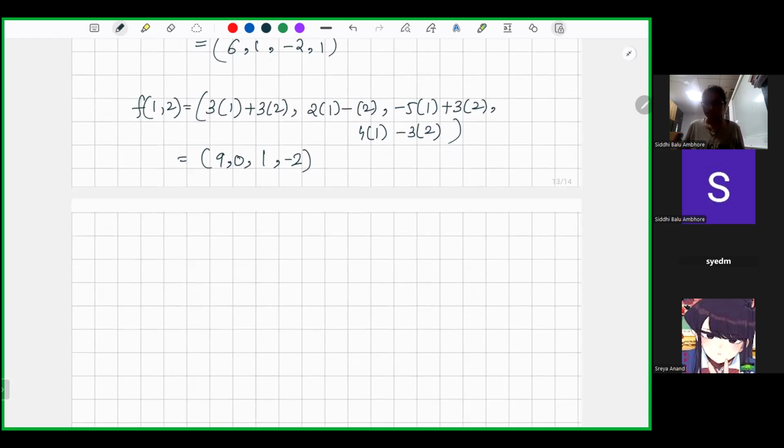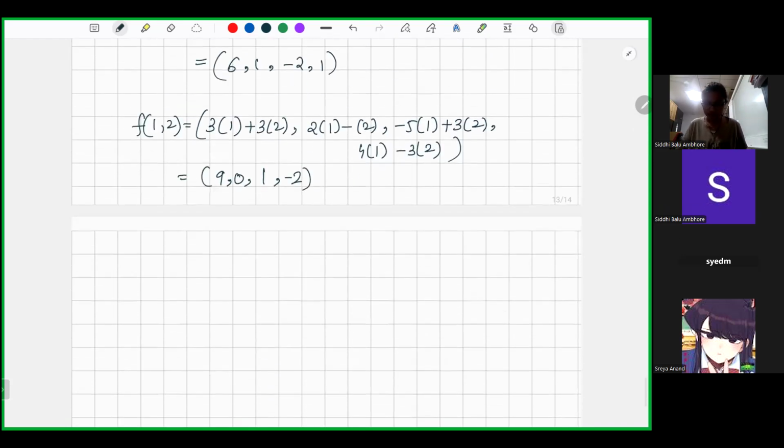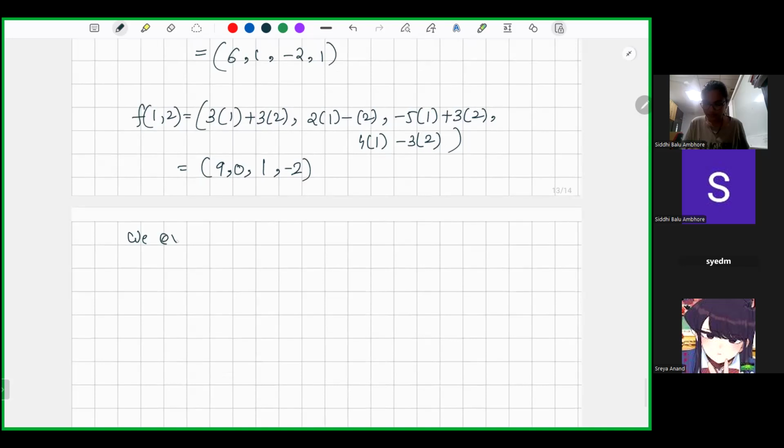So now we express f of 1, 1 and f of 1, 2 as a linear combination of W1, W2, W3, W4.